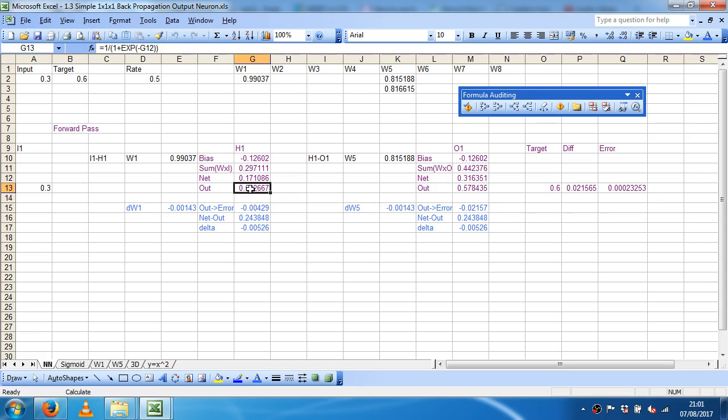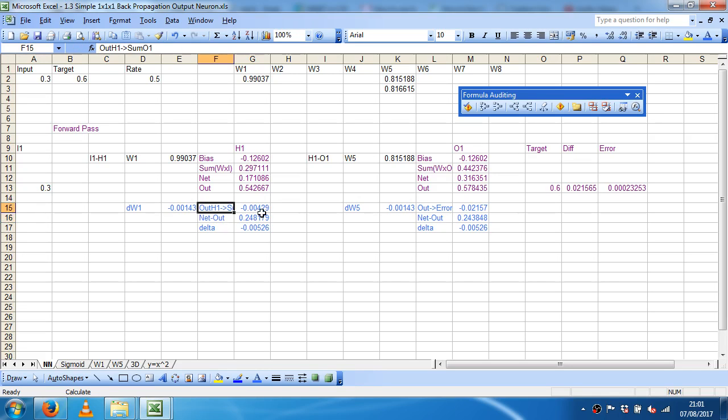Our next step is to go from the output to the net. Well, that's the sigmoid function, which we've already calculated here. So that still stands. I knew there would be some reuse. Let's just change this. It's the output of hidden 1 to the sum of output 1.